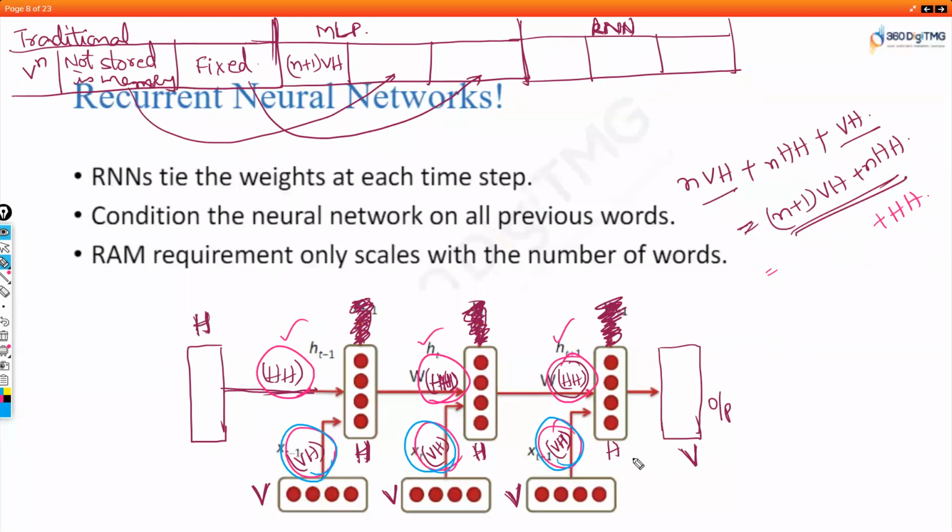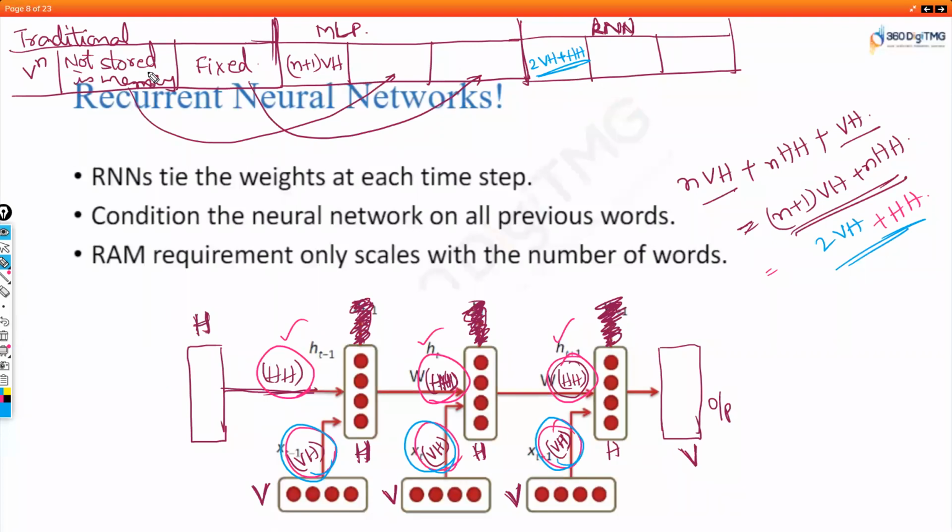So N will become 1 now. Even if you have N words, you'll have the same weights. So 1 plus 1 is 2, 2 into VH. Now your model has to learn a very small set of parameters or weights. So this problem is solved.